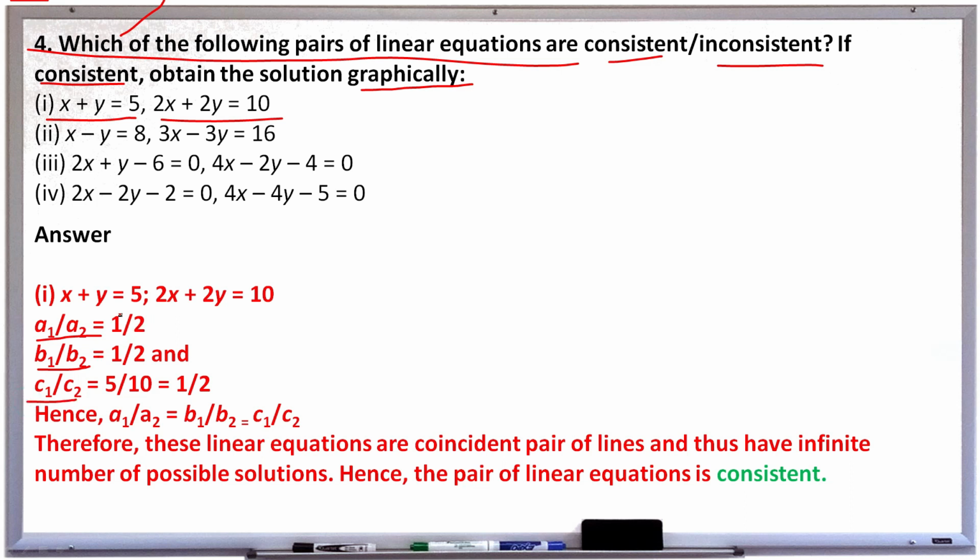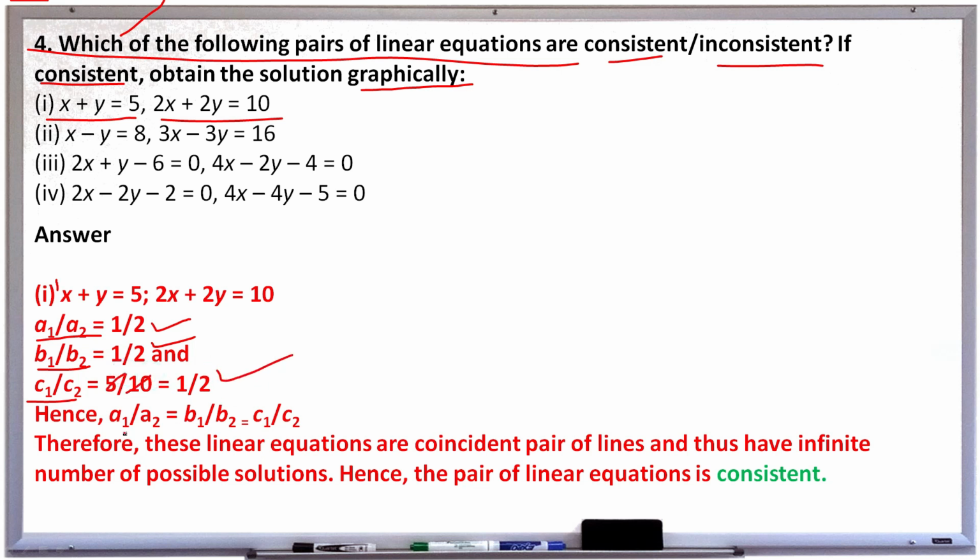So a1 by a2: no value is given for a1, so 1 will be there. Here a2, the coefficient of x, is 2, so a1 by a2 is equal to 1 by 2. b1 by b2 is also 1 by 2, and c1 by c2, if you simplify, you will get 1 by 2.